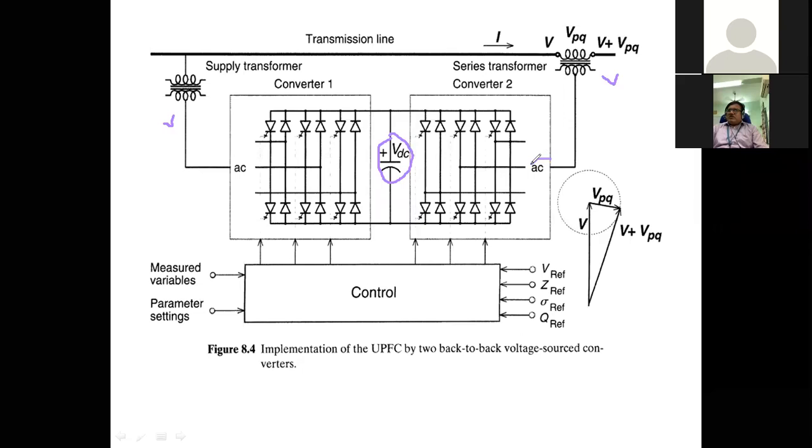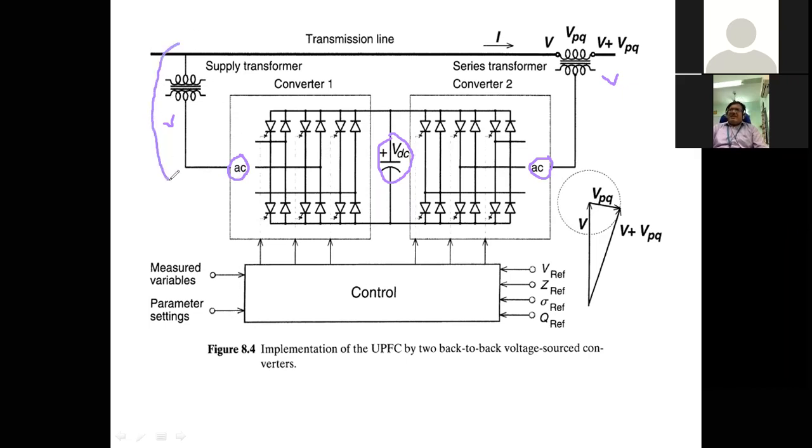This is AC side of converter 2 converts DC to AC, and this is the AC side of the converter 1 and converts DC to AC, and real power flow takes place from converter 1 to 2 or 2 to 1. It is bidirectional. Please remember, as far as the real power flow is concerned.